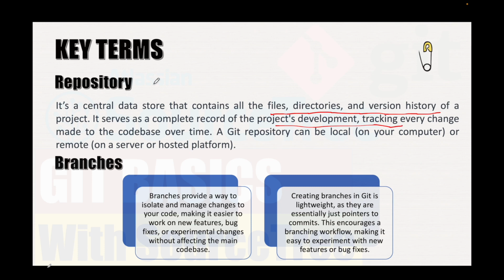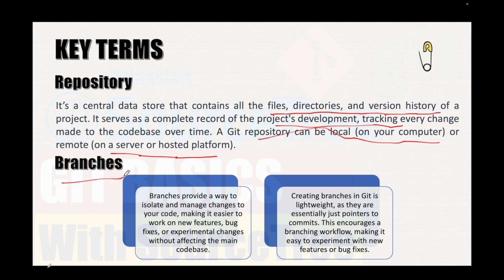So this is the comprehensive thing which helps the version control system do its job. This repository can be local, meaning on your computer, or it can be remote on a server or a hosted platform. What is a hosted platform? It is like Bitbucket or GitHub. Those are hosted platforms where the server is managed by a cloud hosted platform.